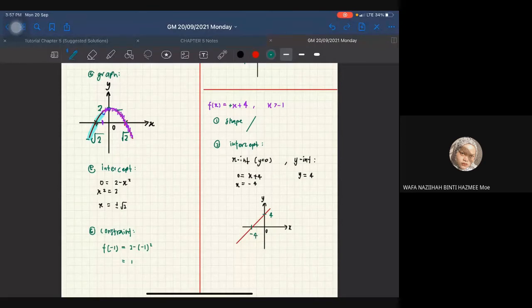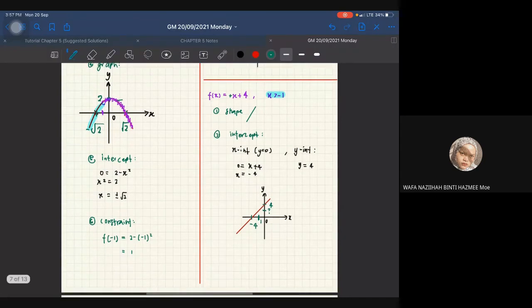Okay, tapi soalan bagi kita domain yang baru. So kita ada x is greater than negative 1. So negative 1 dia somewhere dekat sini. Dekat sini, negative 1. Okay, so awak kena determine dekat sini apa kita punya nilai untuk x. Sebab kita dah tahu x kita adalah negative 1 and then kita nak tahu apakah y kita. Okay, so you need to find the constraint.